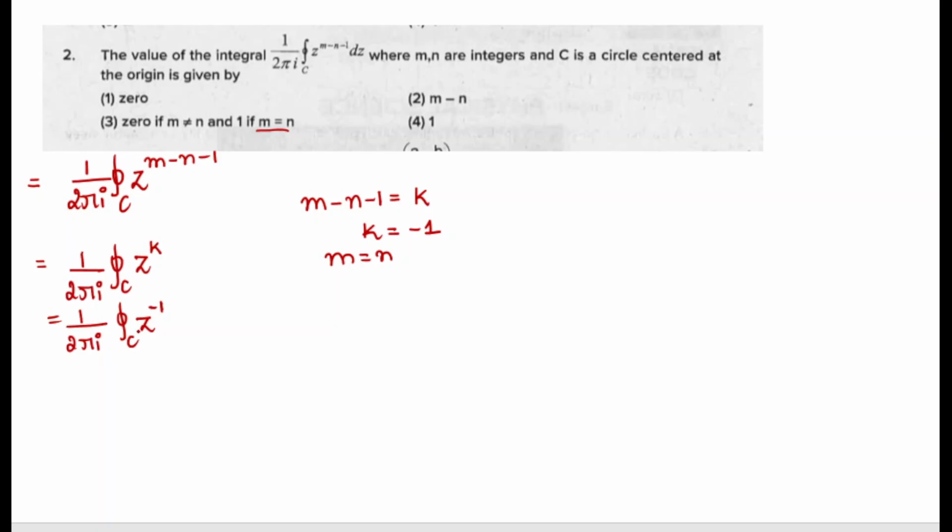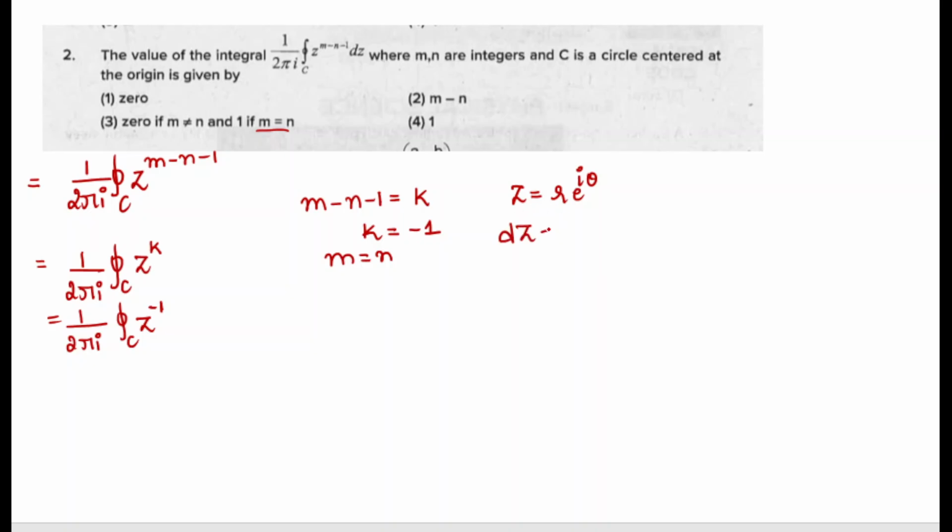Now how to proceed with this question? We have z written as r into e to the power of i theta, right? Now instead of d theta, can I substitute for dz?